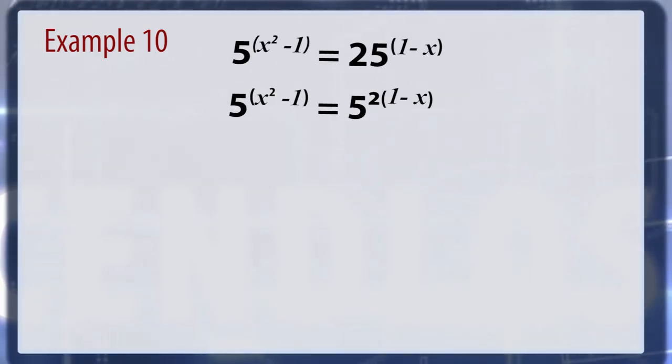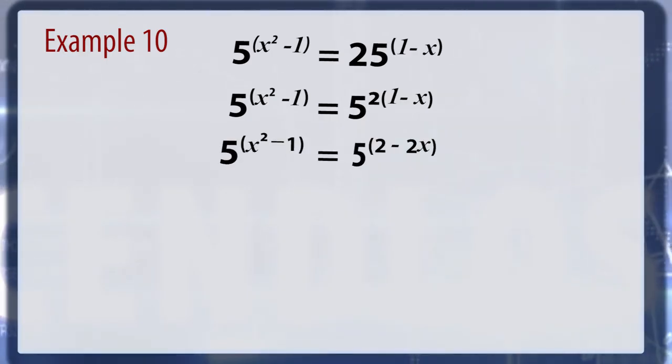We are going to use the power of powers here to simplify the powers on the right-hand side. So we have 5 raised to the power x squared minus 1 to be equal to 5 raised to the power 2 minus 2x. Both sides are the same. The bases are equal.